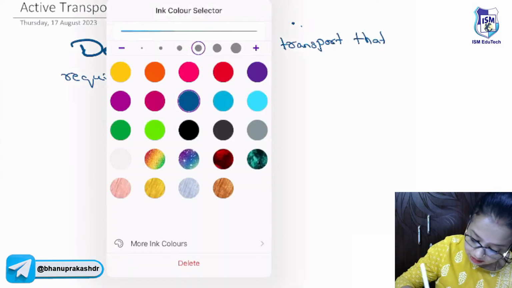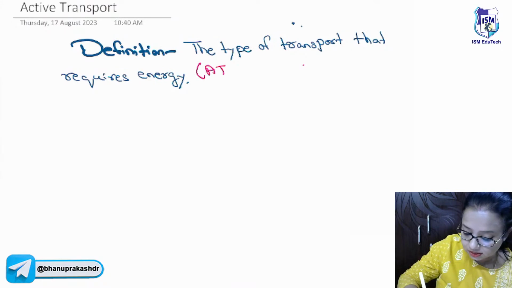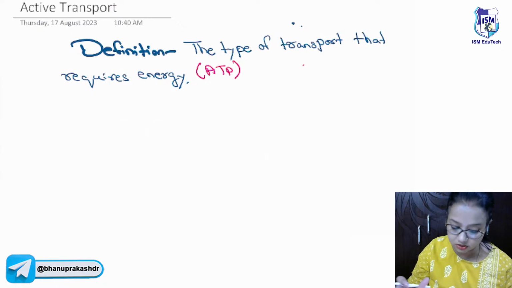And the type of energy here that is needed is nothing but the ATP. That is the definition of active transport.